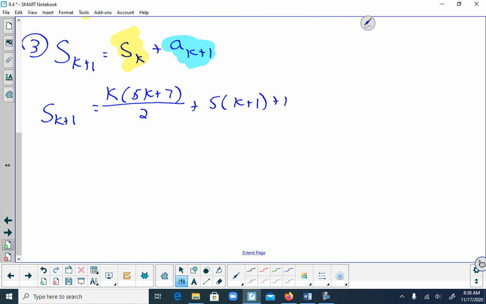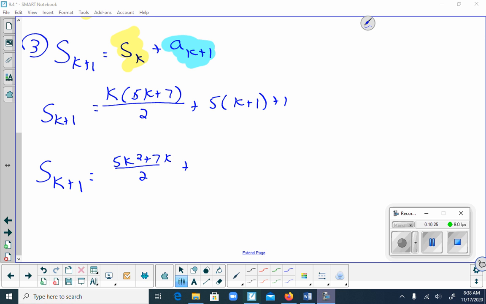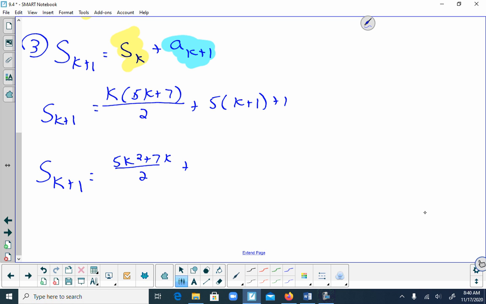So let's do some simplifying. So I have here, this will be 5k squared plus 7k over 2 plus, so this will be 5k, that's plus 5 plus 1, so plus 6. So I've done this side.